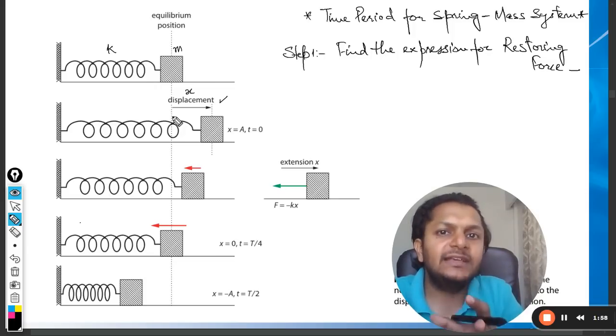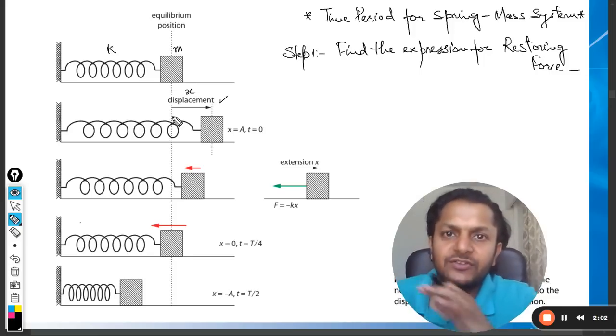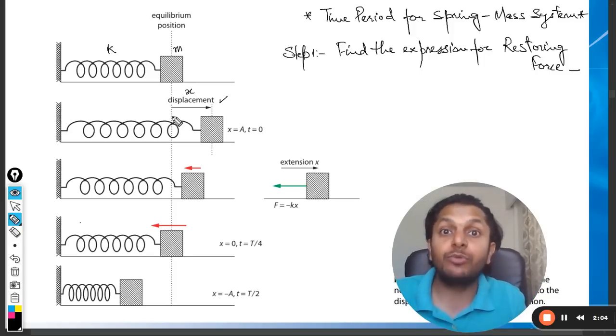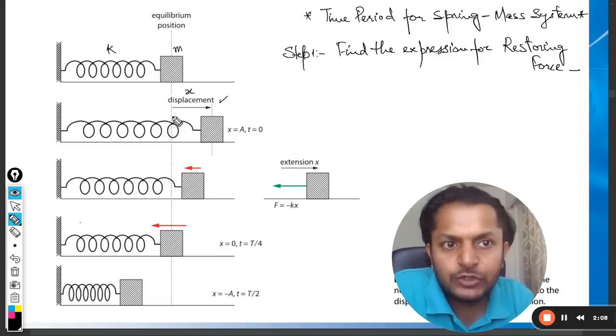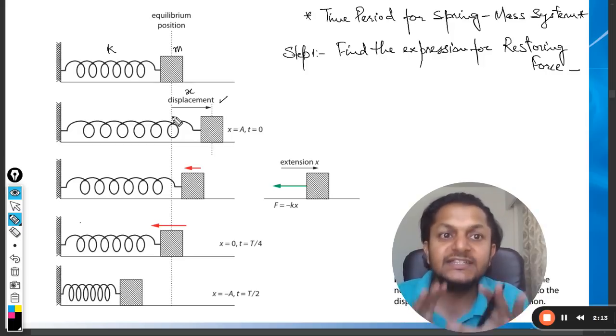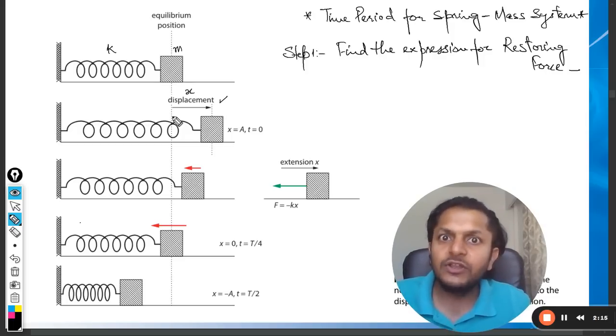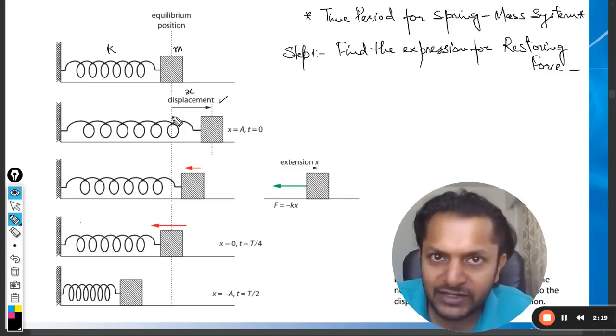The spring is now applying a restoring force on the body in the opposite direction because it wants to restore the body to the mean position or the equilibrium position again. Without restoring force, there is no simple harmonic motion possible. So this is the sine qua non condition. Restoring force has to be there. There has to be a mathematical expression for it, isn't it?